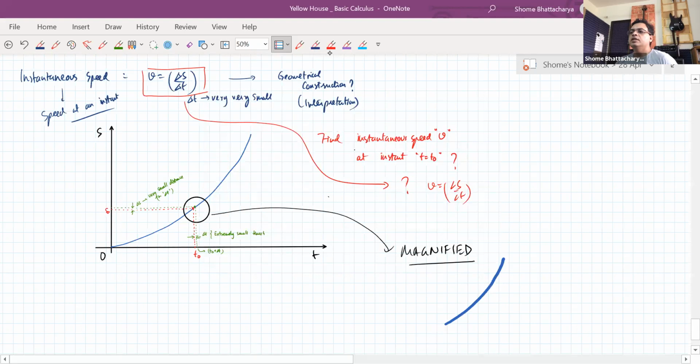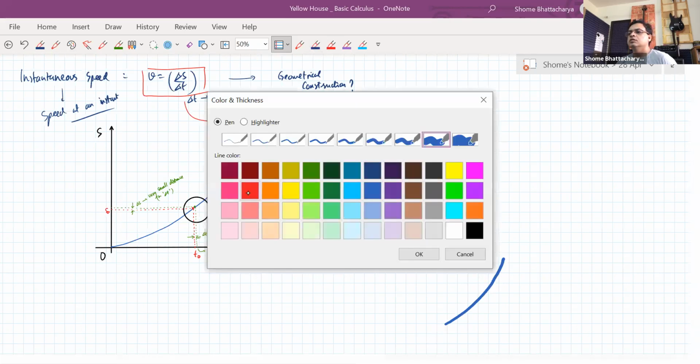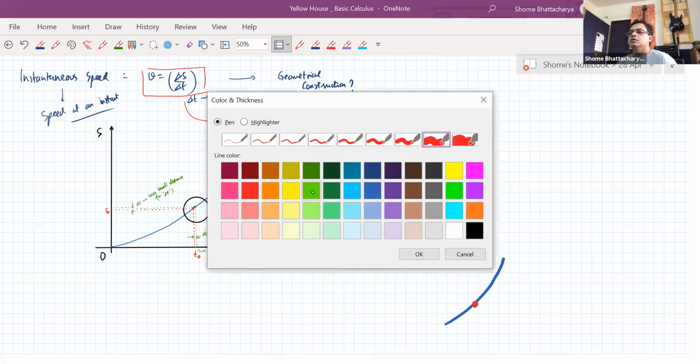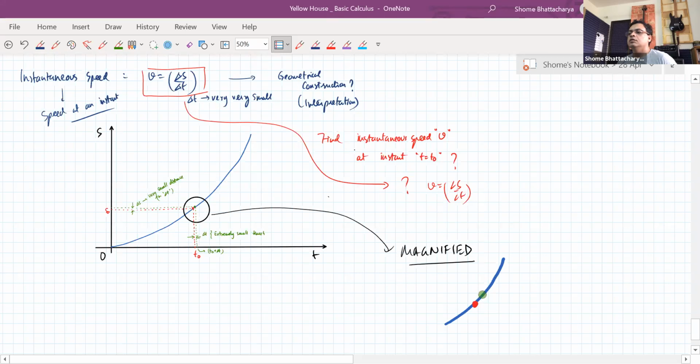Now on the curve, the point t0 is somewhere here, and the point t0 plus delta t is over here.